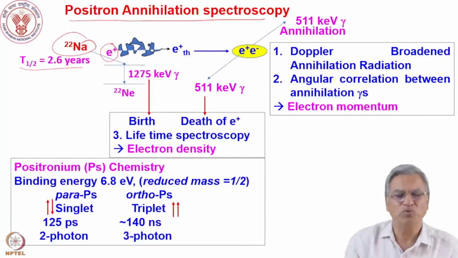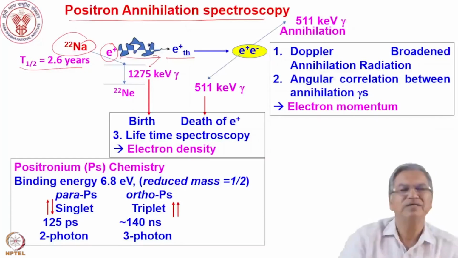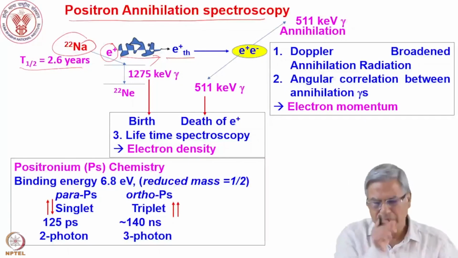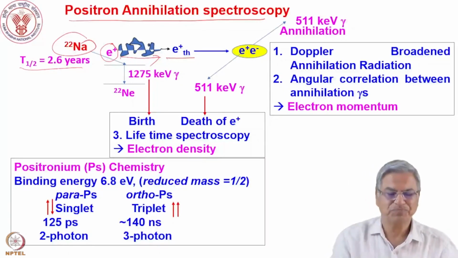When it becomes thermalized, undergoing a tortuous path, this thermalized positron can undergo different types of interactions.